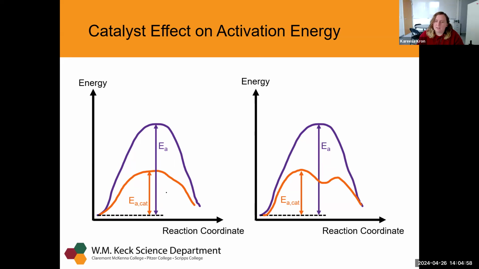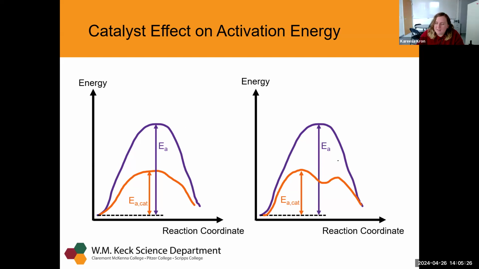And when you add in your catalyst, you recover this orange energy surface, or a lower activation energy. So it lowers this activation energy. It's helping whatever transition state is happening be more stable, or it's promoting the reaction in some interesting way. There's lots of different ways a catalyst can do this, but effectively it's lowering the activation energy of this reaction by helping out in some way.